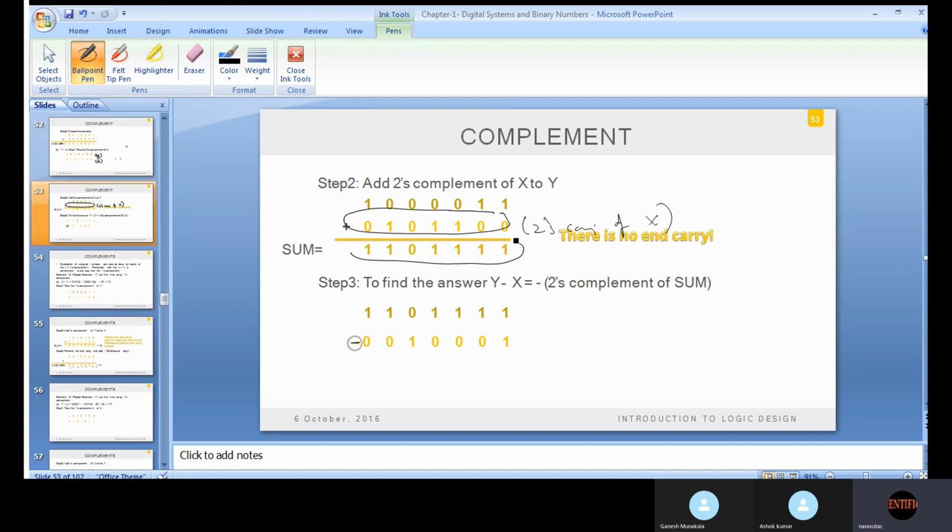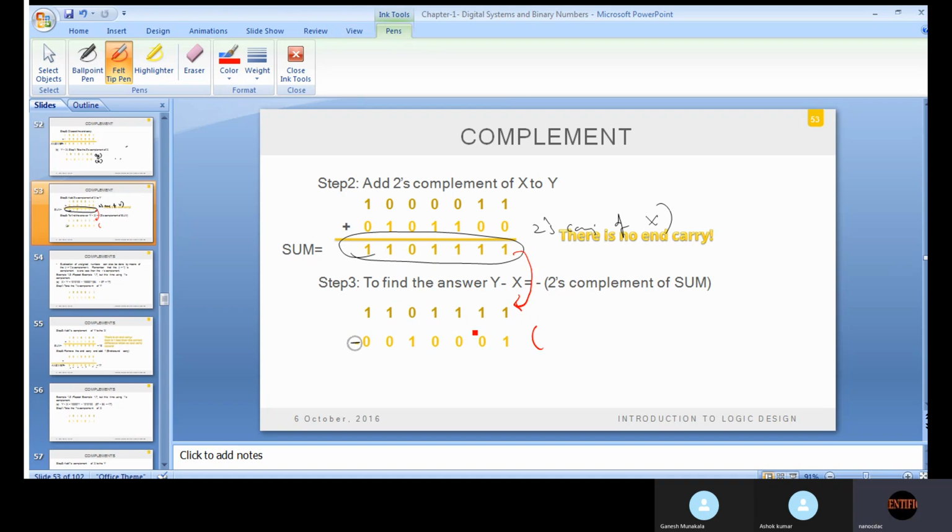Add చేస్తే, this is the result what you are getting. చూడండి కావాలంటే మీకు డౌట్ ఉంటే 101 101 011 ఇది sum. Okay, this is 2's complement. Now to find the answer y minus x, what you need to do, minus 2's complement of the sum. Okay, so ఇది whatever the sum which you are getting, దీనికి ఏం చేస్తున్నారంటే again you are subtracting the 2's complement.